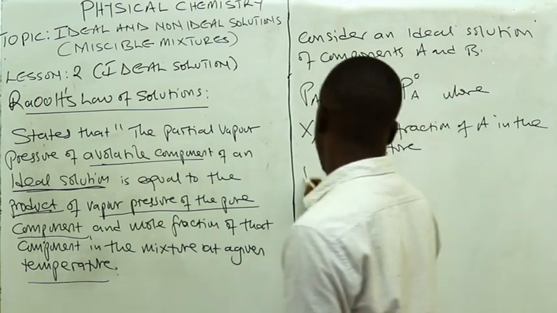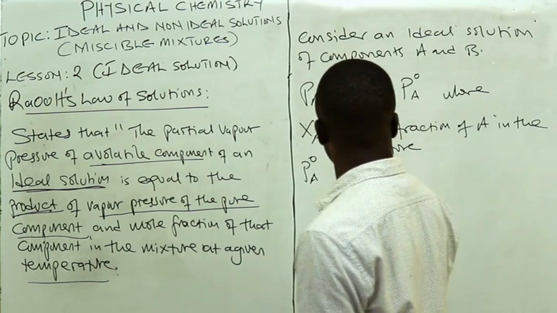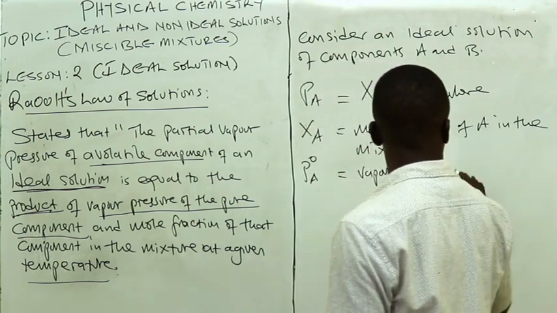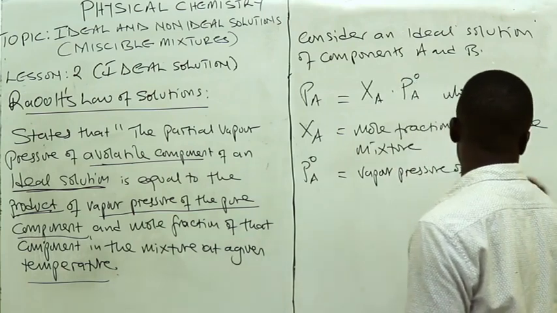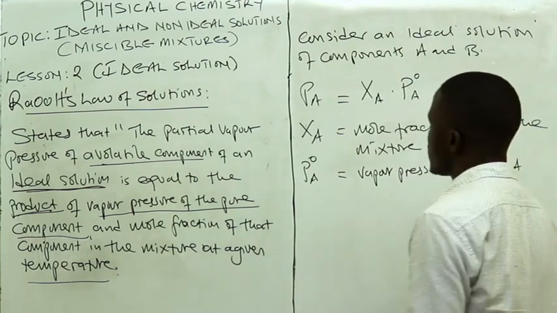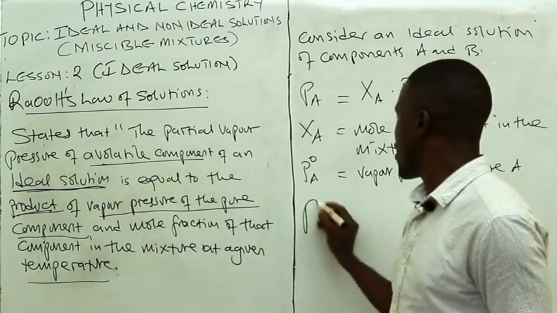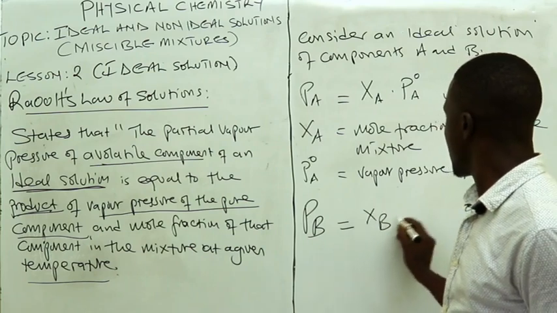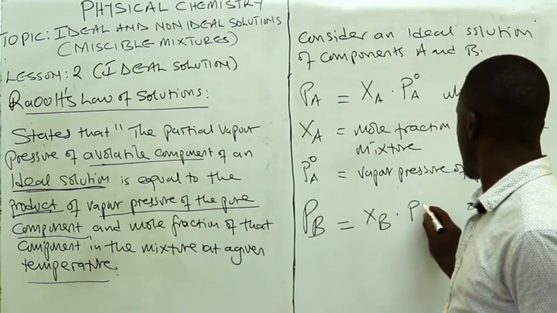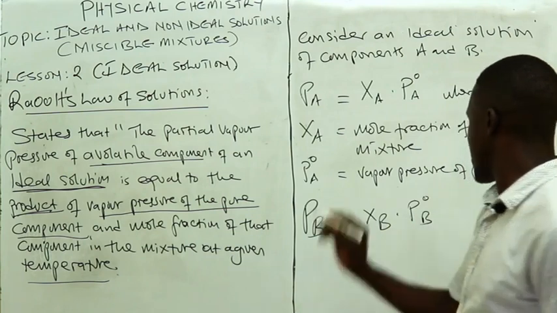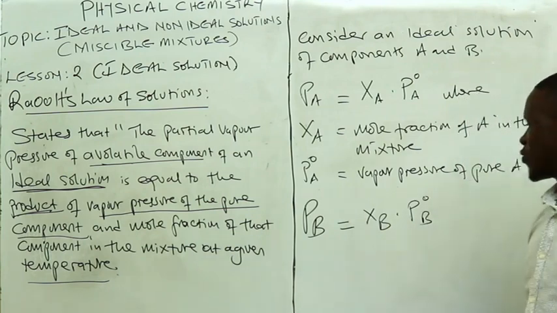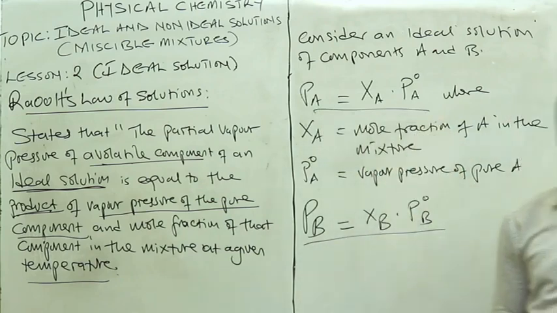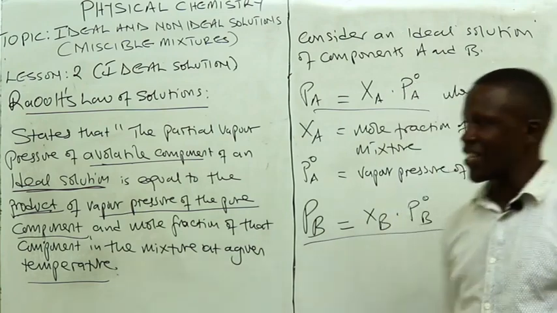And then P naught of A is the vapor pressure of pure A. That means similarly, partial pressure of B is going to be the mole fraction of B times the vapor pressure of pure B. So once we know these formulae, then we can actually calculate very many things using this law.